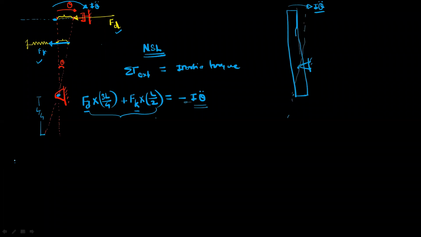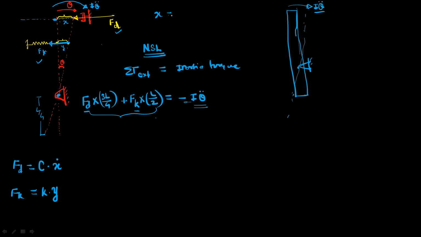So what is Fd? Fd is equal to the damping constant into its deformation. Let us assume this deformation as x, so it is x dot. And Fk is the spring constant into its deformation, which is y. So this is x and this is y.